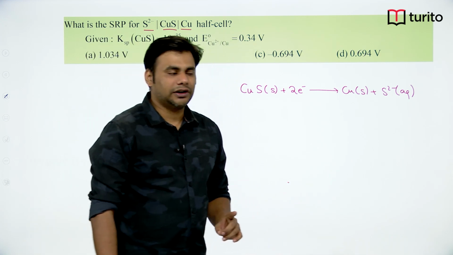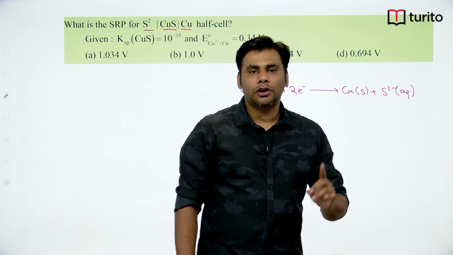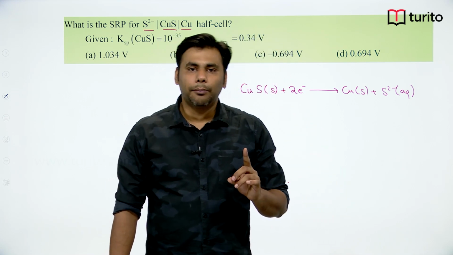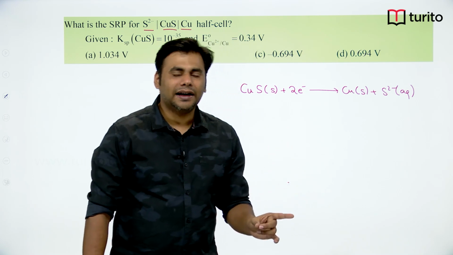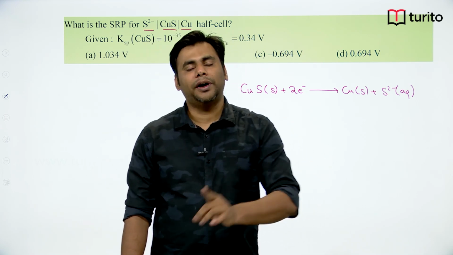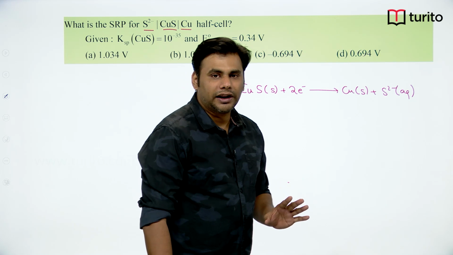Now in the previous lecture I have done a very important derivation of the relationship between a metal ion and a metal insoluble common ion electrode. Okay, I hope you remember that formula.